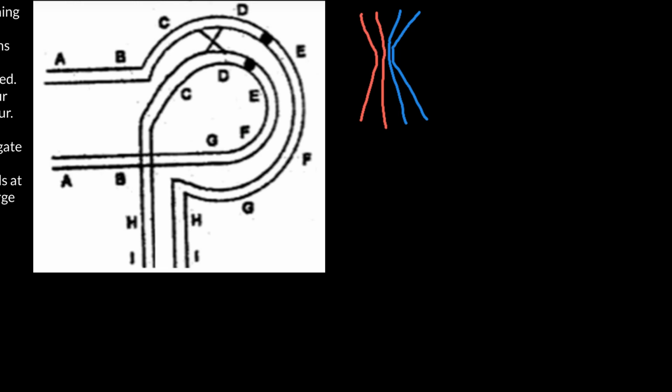So basically, what these two sister chromatids represent is identical chromosomes. One of these chromosomes is the result of copying the other chromosome. So these are two identical chromosomes which at this state we call sister chromatids.